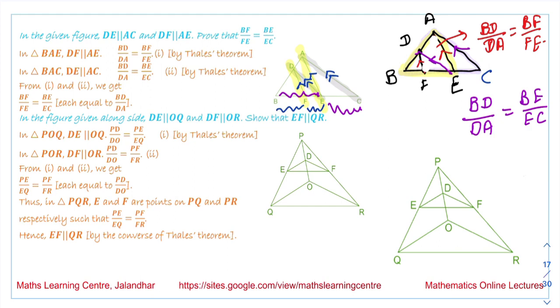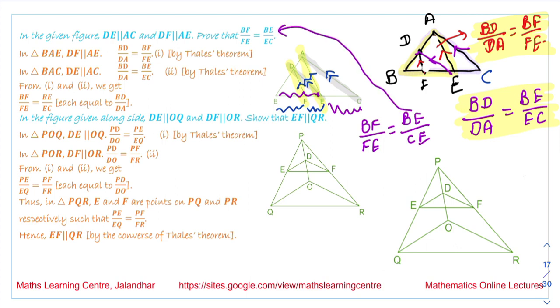Now we have 2 equations. This is equation number 1 and this is equation number 2. Now from these 2 equations, we get that BF over FE is equal to BE over EC, and this is what we have to prove.